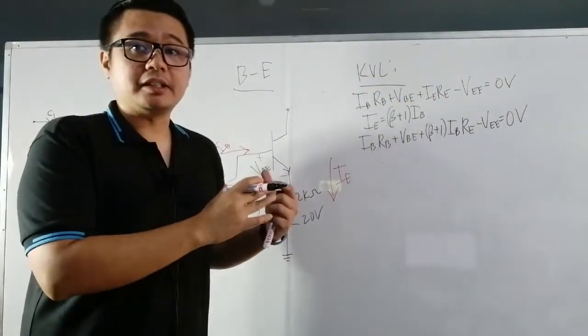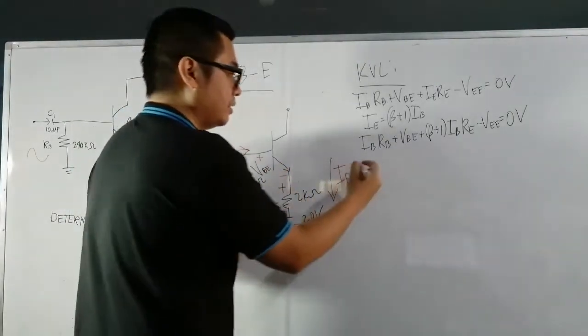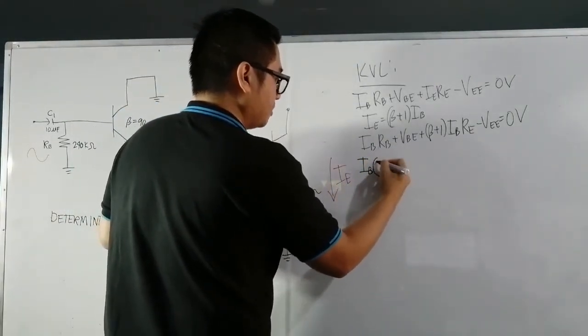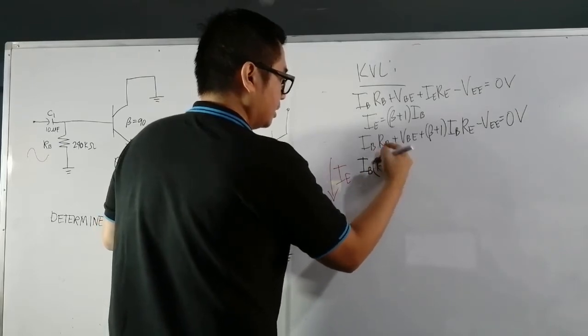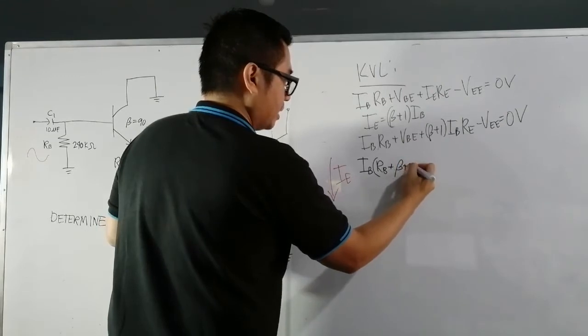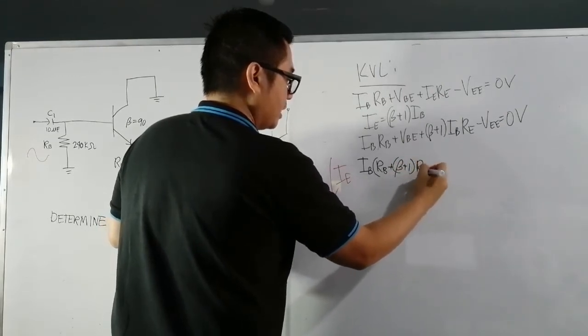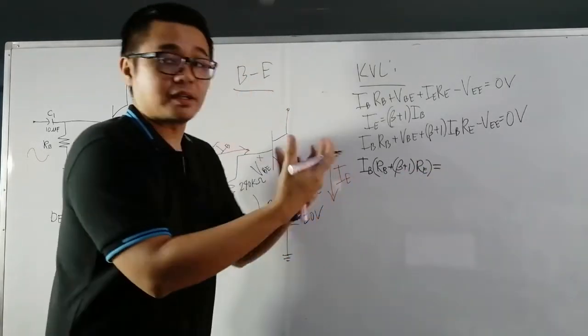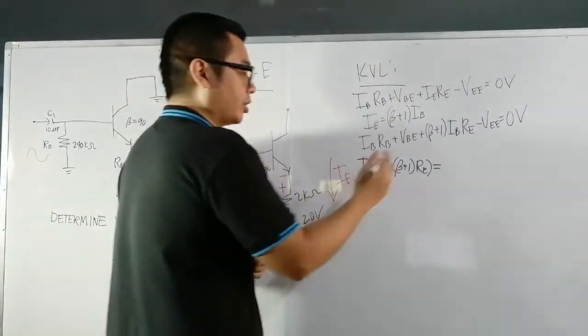Next, i-isolate natin ngayon si I sub B. We have IB times RB, and then this is plus beta plus 1 times RE equals, so, transpose natin sa right-hand side yung ibang terms.